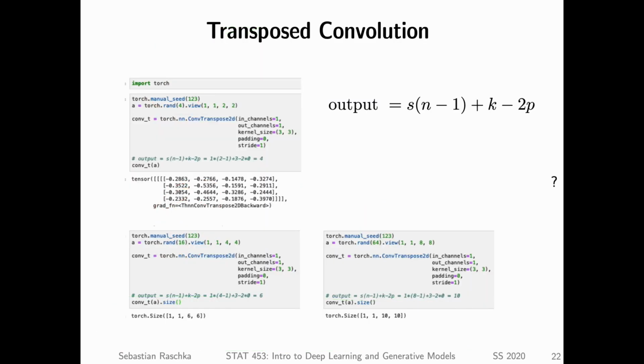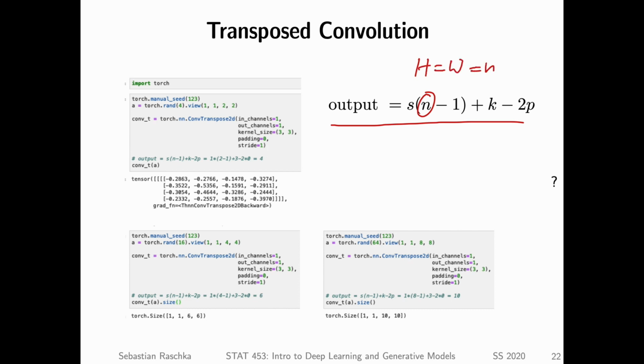Here I have some code examples for doing that in practice. The equation to compute the output size for the transposed convolution would be that one. So you have the stride times the height or the width, so if it's symmetric, it's both. Usually if you have square images, you have h equals w.